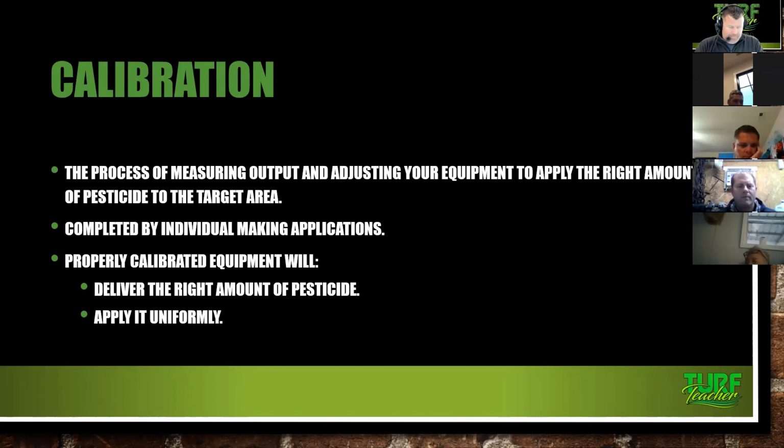And so if we calibrate it in the mornings, do you think there might be any other time during the day that we may need to calibrate that piece of equipment? After lunch. At lunch. Yeah. And why is that? You're tired. You're tireder, your belly's full, the temperature's rising, but it's going to be tough to do that. Like I said, I don't want our guys out on job sites doing it.